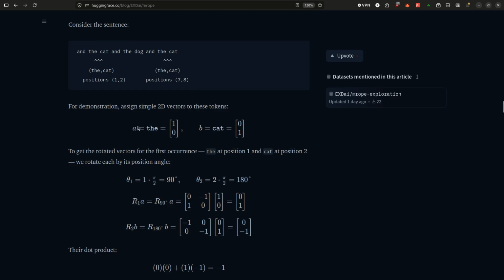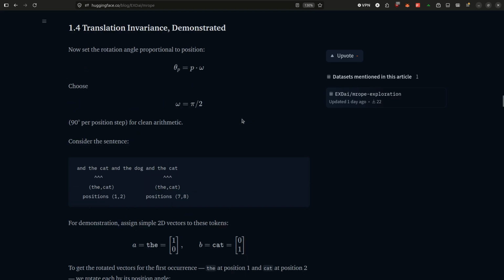There's one small point I need to mention. It's 90 degrees per position step. So we'll rotate the by 90 degrees because its index is 1. And we'll rotate cat by 180 degrees, that is 2 90-degree steps, because its position is 2.